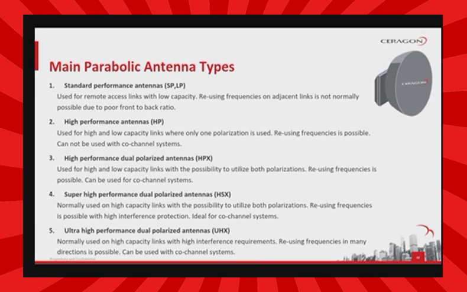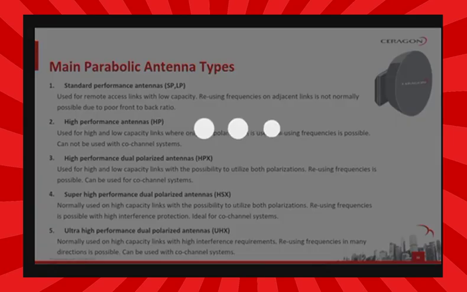Reusing frequencies is possible with high interference protection. Ideal for co-channel systems. Ultra-high-performance dual-polarized antennas, UHX, are normally used on high-capacity links with high interference requirements. Reusing frequencies in many directions is possible. Can be used with co-channel systems.